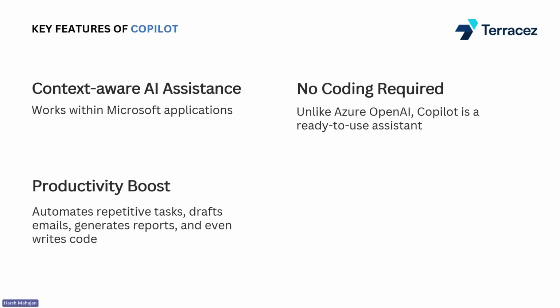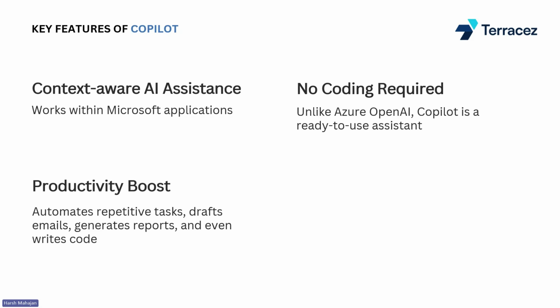Yeah. So basically, it's a context-aware AI assistant. What I mean by context-aware is, let's say you are drafting a proposal in the Word application, and you want to improve your language, or you want to make it sound more professional. You want to review whether all the factors are covered in the proposal or not.